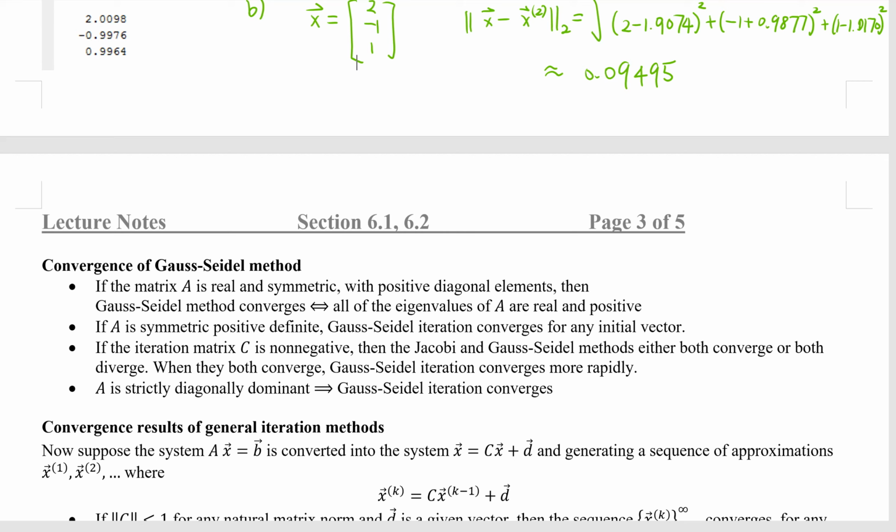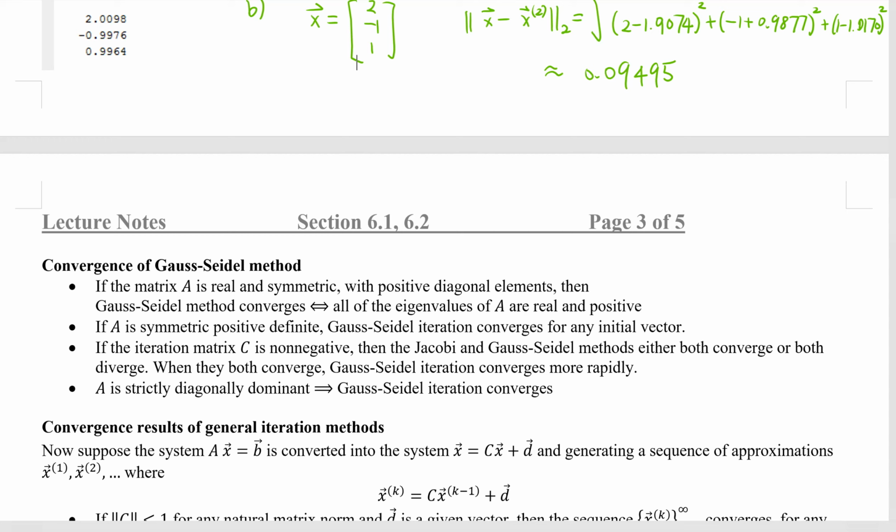So that's why we say if A is symmetric positive definite, then the Gauss-Seidel iteration converges for any initial vector. And also, if the iteration matrix C is non-negative, then the Jacobi and Gauss-Seidel methods either both converge or both diverge. When they both converge, the Gauss-Seidel method converges more rapidly.